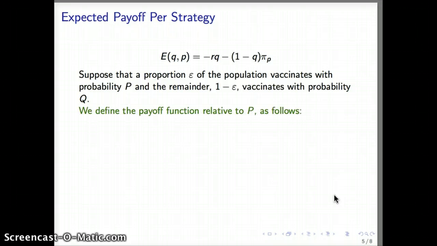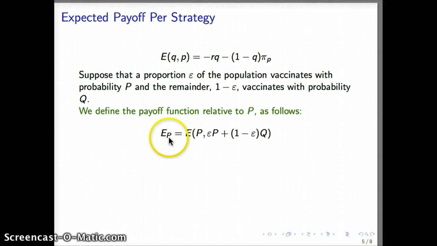We define the payoff function relative to strategy P as E sub P, and we write the function we had previously defined, evaluated at capital P. One thing to note here is that the previous expression that we defined for the expected payoff can be thought of as a function of two variables.